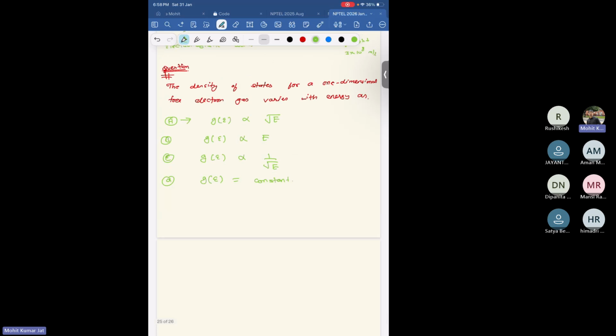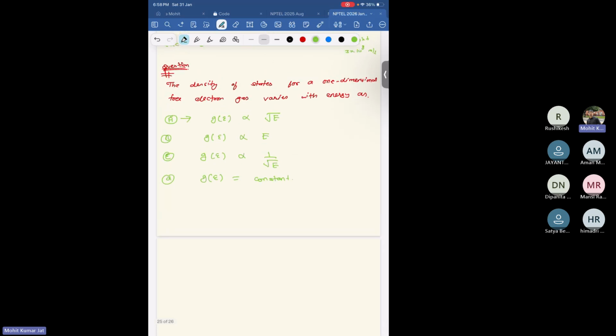Anyone who wants to answer this question? Is there anyone who knows how the density of states varies with energy? Okay, so I think it's Dipanita. She says that option A is right. Okay, is there anyone else?